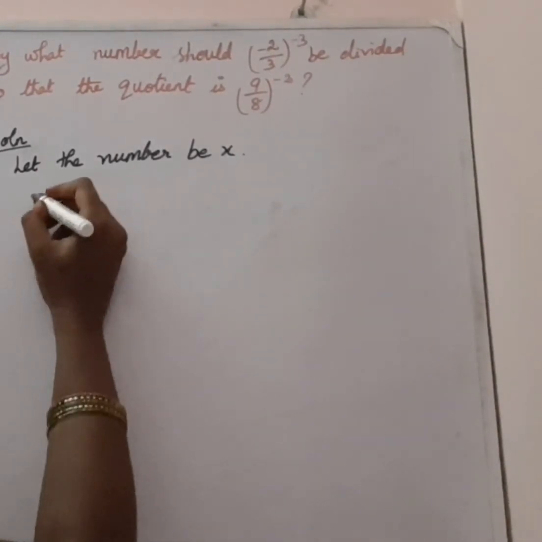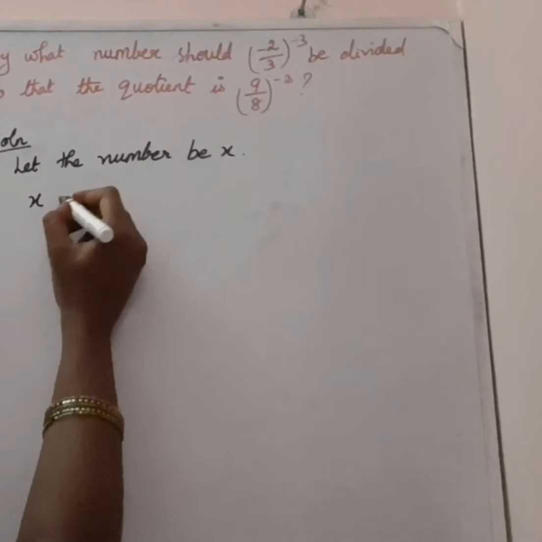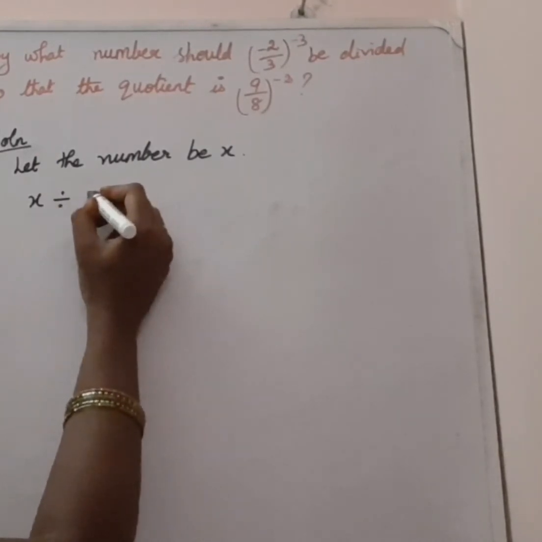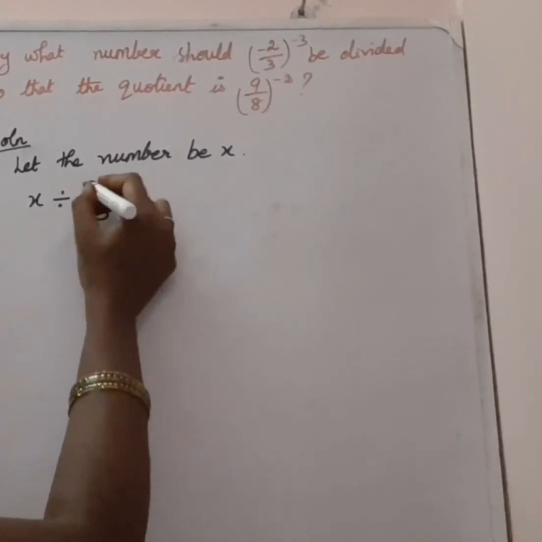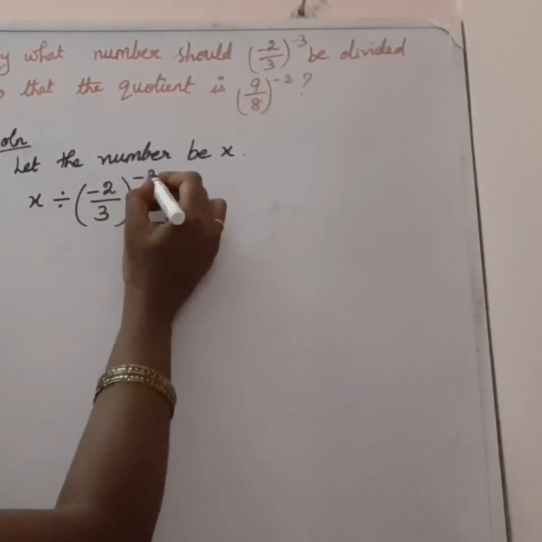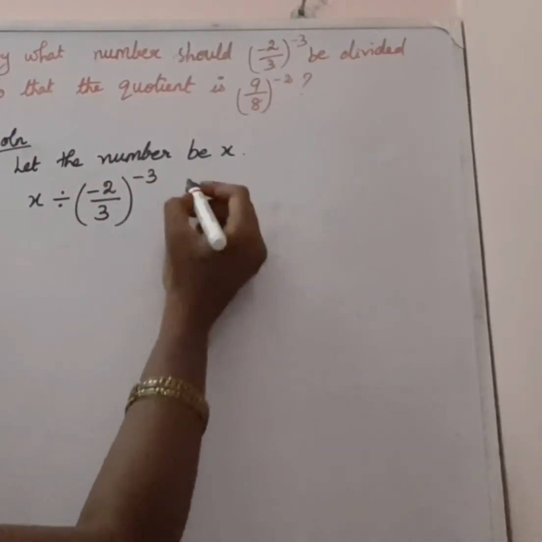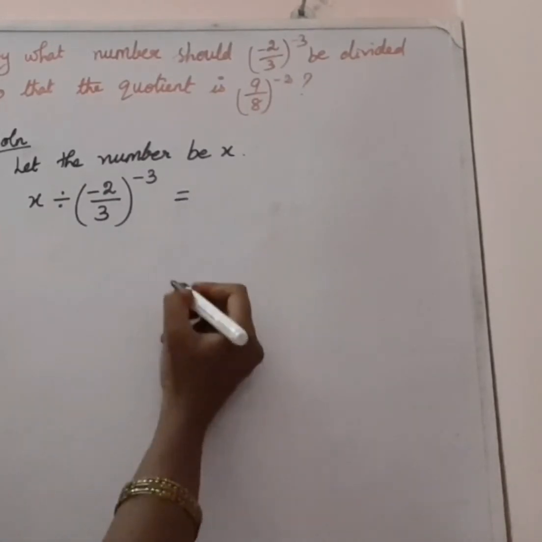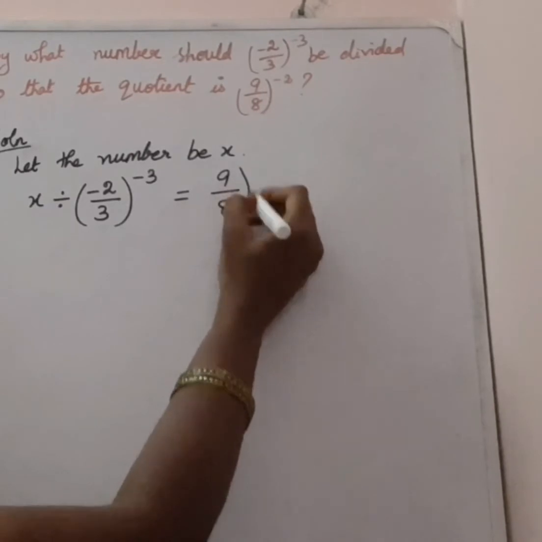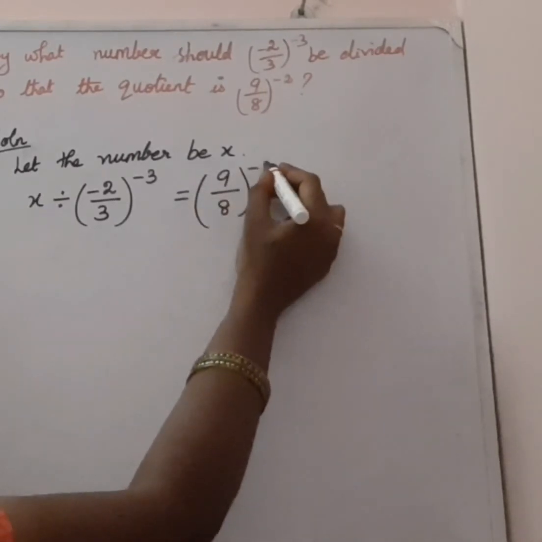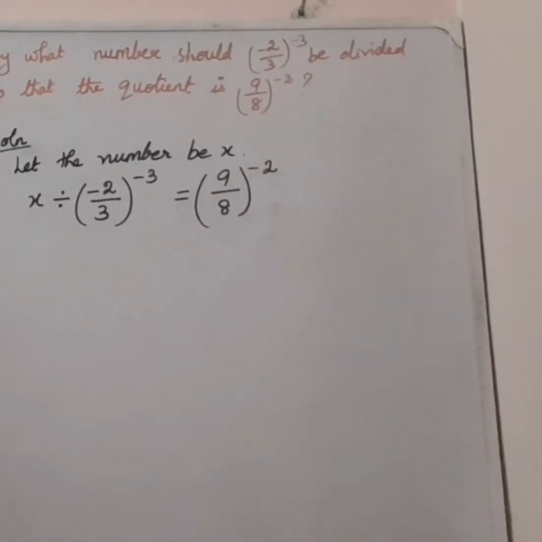Now, the x is a number which divided by minus 2 by 3, the whole power minus 3, is equal to 9 by 8, the whole power minus 2.